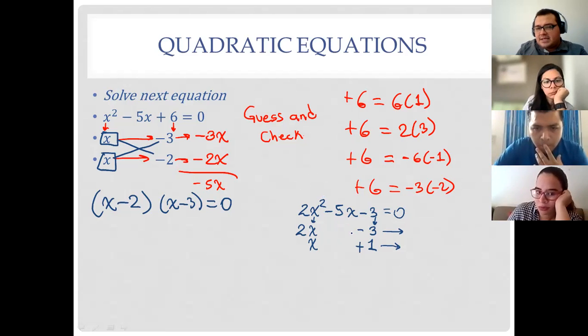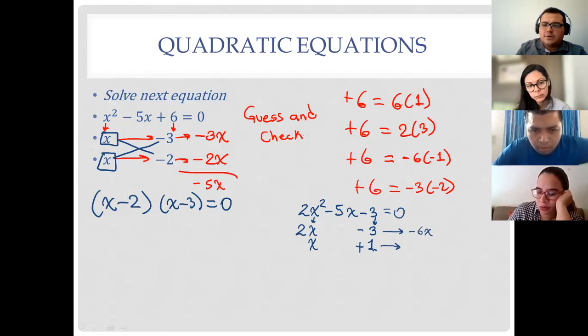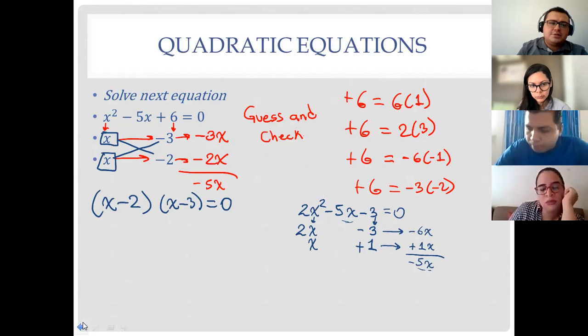So checking this, the product of 2x and -3 is -6x. The product of x and +1 is +1x. If we operate -6x and +1x, the result will be -5x, the expression in between, which means I can build my factorization with this element. Now, what's the factorization then?